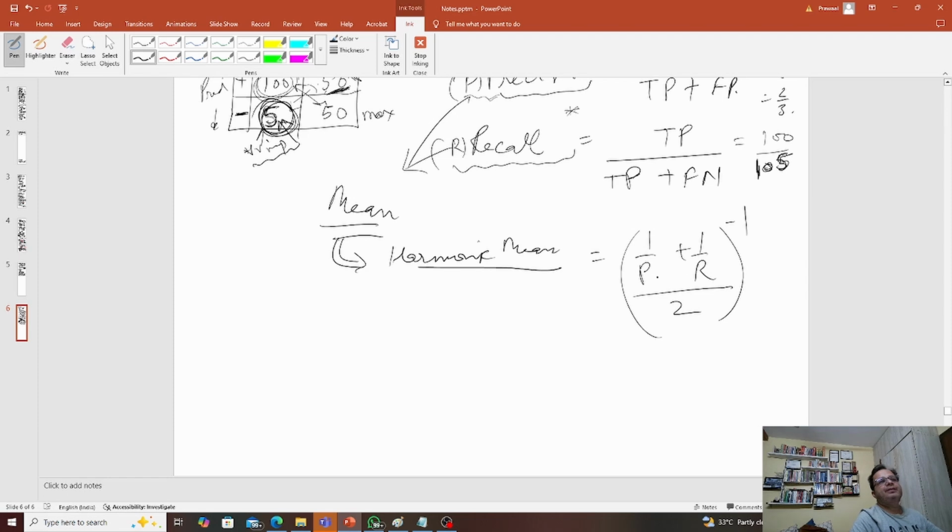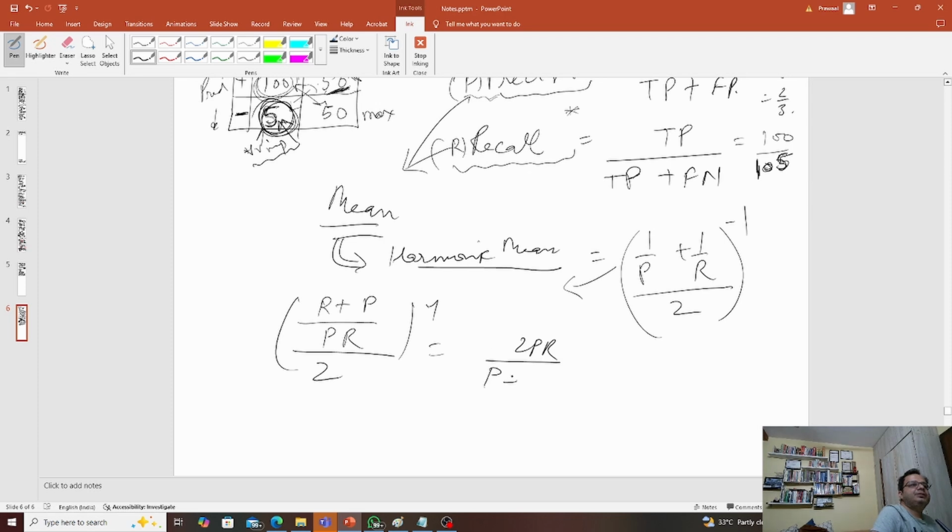So it is going to be PR upon PR, and if I want to simplify, this will become (R plus P) upon PR, divided by 2, and then the inverse, so eventually it becomes 2PR upon (P plus R).